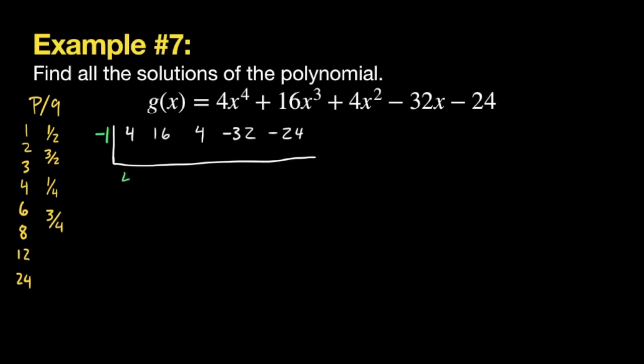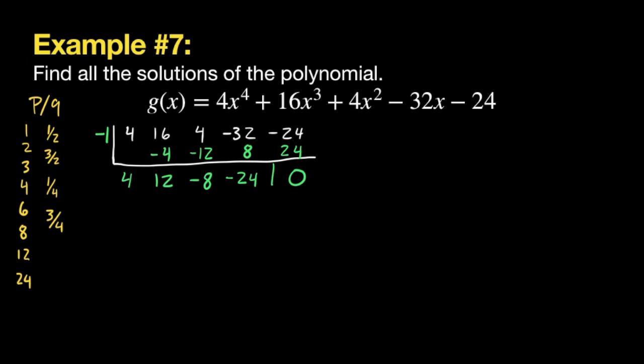We have 4 times negative 1, negative 4. This is going to be positive 12, negative 12, negative 8. This is going to be positive 8, and that's going to be negative 24. Negative and negative will give me a positive, so we got a positive 24, and that means that we got a 0.